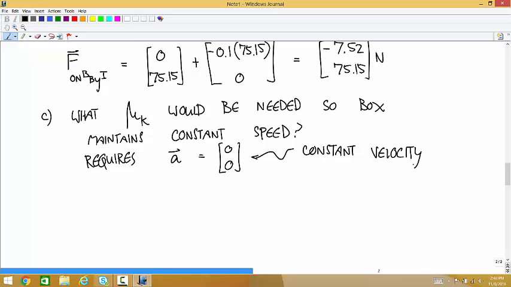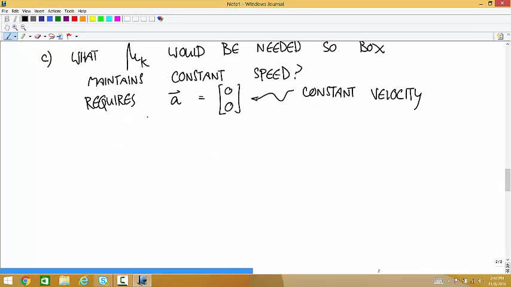Okay, so we're going to use the same approach. Free body diagram looks like this. There's a weight force of 98.1. There's a normal force, N. And there's a friction force that's in the opposite direction of the velocity, this way.